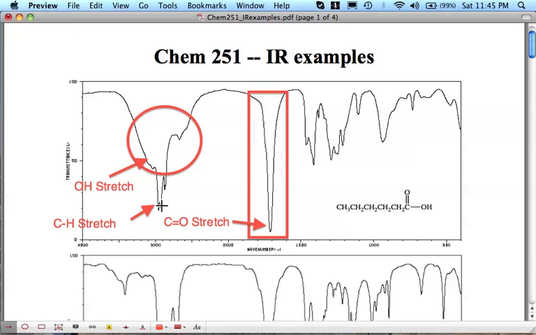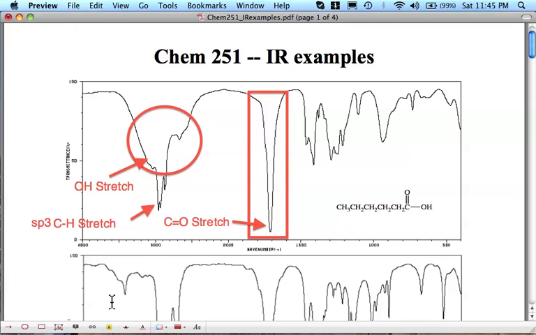Those that are slightly below 3000 are your typical sp3 CHs. So maybe I'll be even more specific here, and I'll label these as sp3. I don't really know how to do a superscript here, so I'm just going to leave it that way. So we'll call those sp3 CHs there. And I'd like you to be that definite or that specific when you're identifying those.